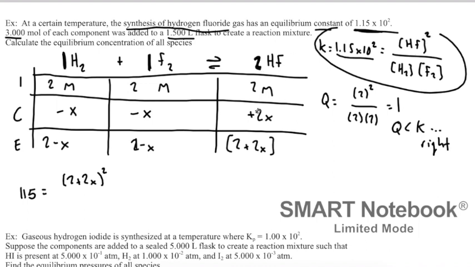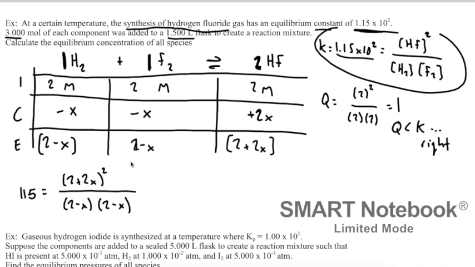So even though we did have to think about that for the change, we do still have to think about it for plugging it into the equilibrium expression. Divided by 2 minus x, the H2 equilibrium concentration, raised to the first power, times 2 minus x, just like that. And then do whatever algebra you need to do to solve it.